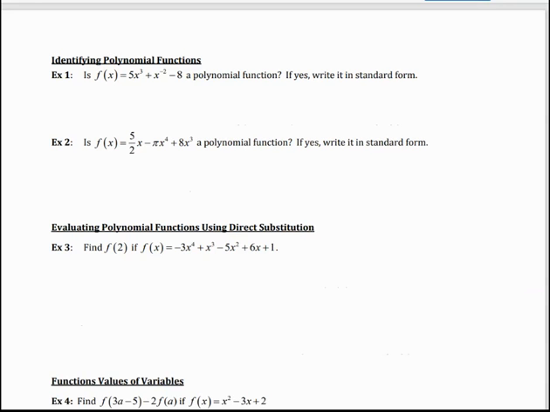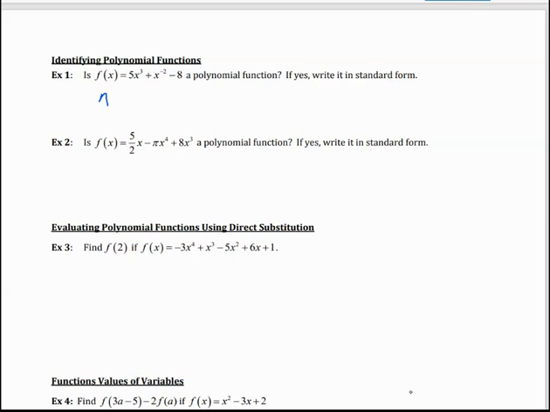So let's look at a couple examples together and also have you try some on your own. So the first 2 are just identifying if it's a polynomial function, and if so, write it in standard form. So I'll do the first one with you. We have 5x to the third, x to the negative second, and minus 8.